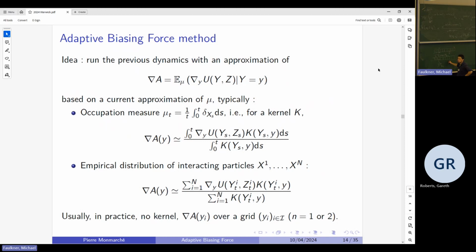Of course it works in dimension 1 or 2. If you want to keep a grid beyond that, you are dead. So this works for 1 or 2 collective variables, which was the practical use up to maybe recently, and which is still the main practical use.